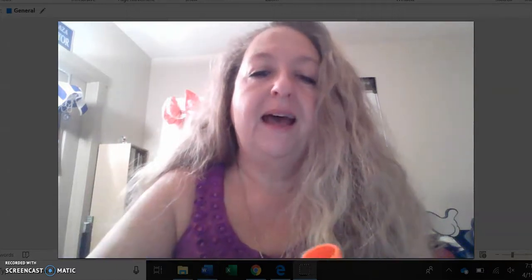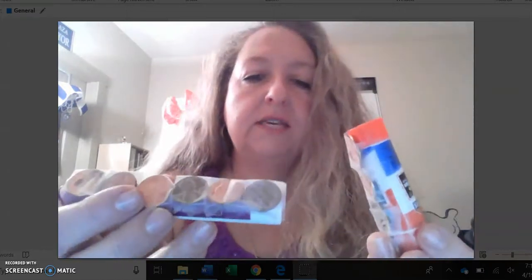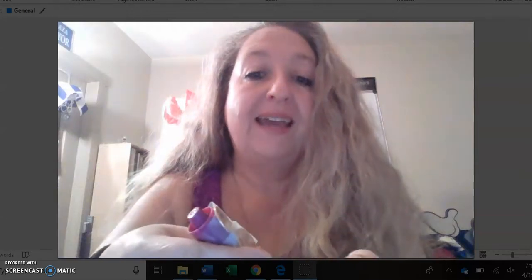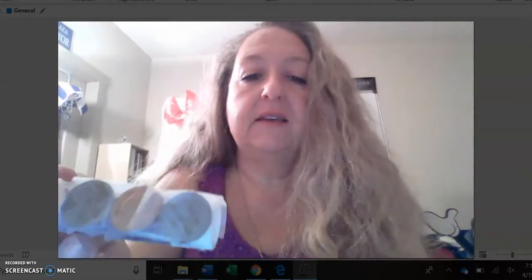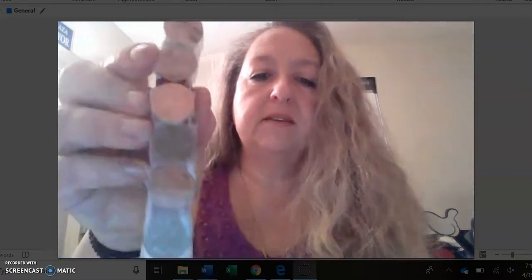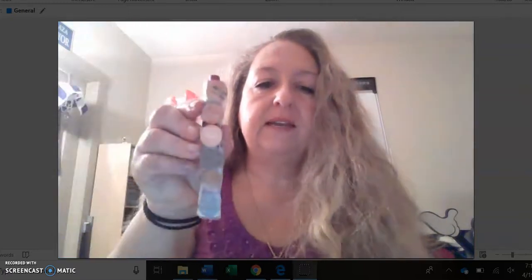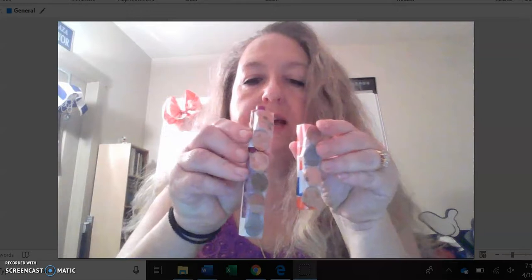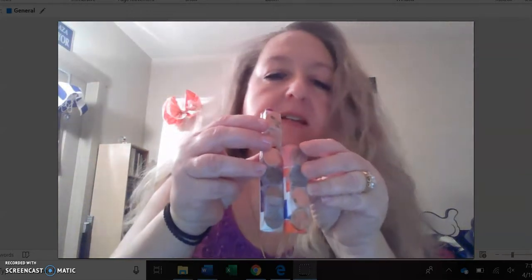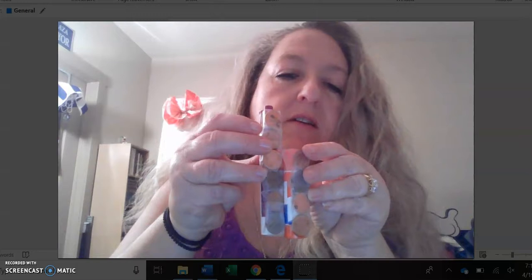If you're talking about height, we could still use these pennies to measure height, because length is how long something is. Height is how tall something is. So if you're using your pennies, you could say how tall. Now, when you're standing something up, it's a little different. It's easier to see which one is taller.